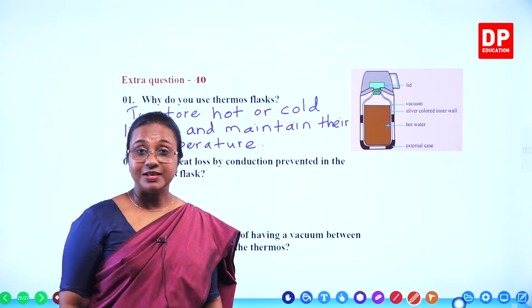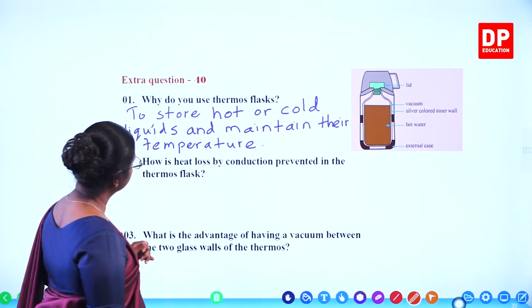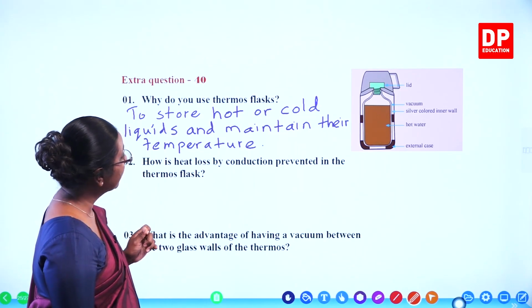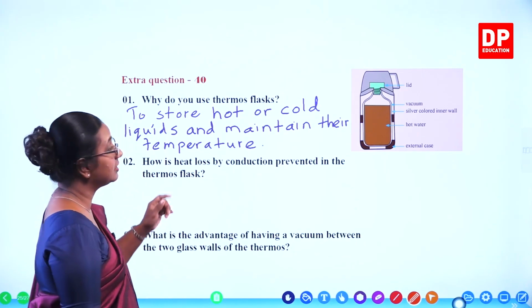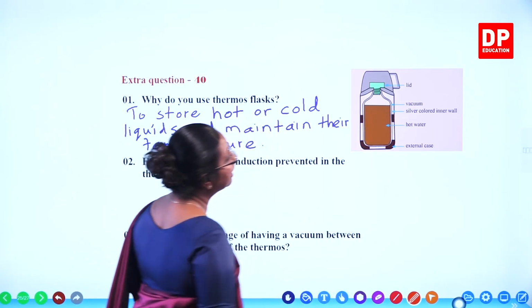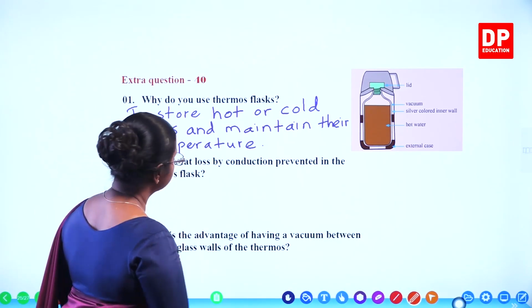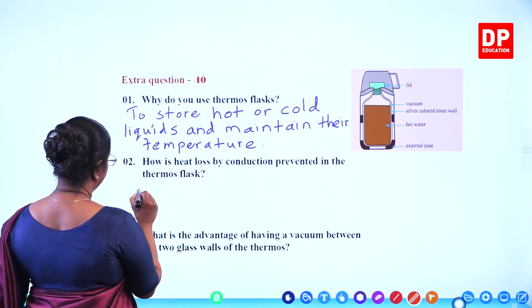So you are familiar with this structure. Then if we look at the second question, how is heat loss by conduction prevented in the thermos flask? By having a vacuum between the inner and the outer walls. So that is what you need to write.